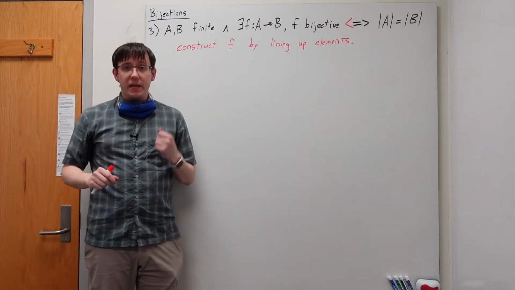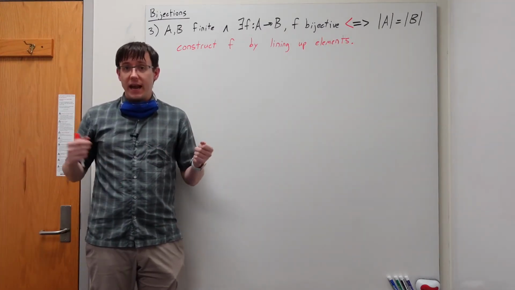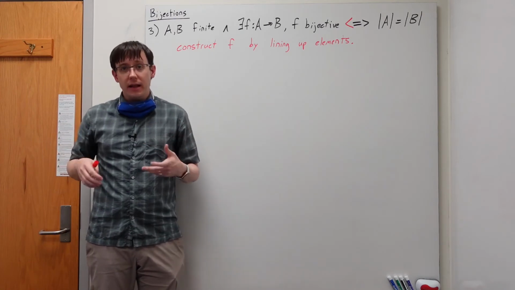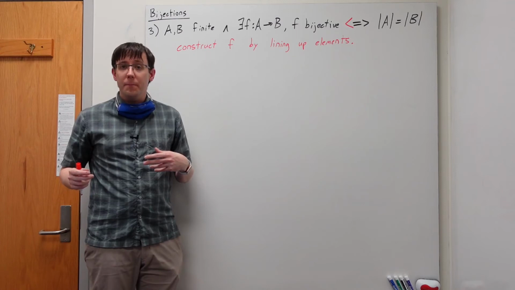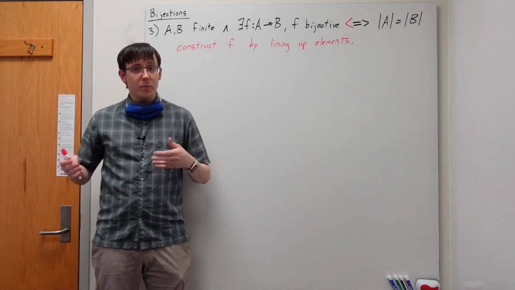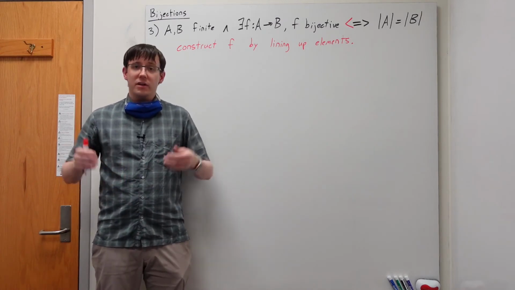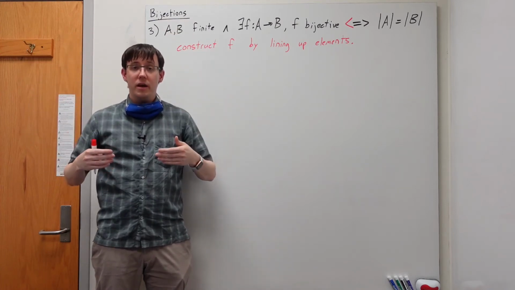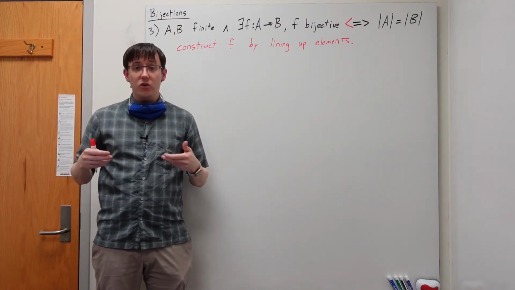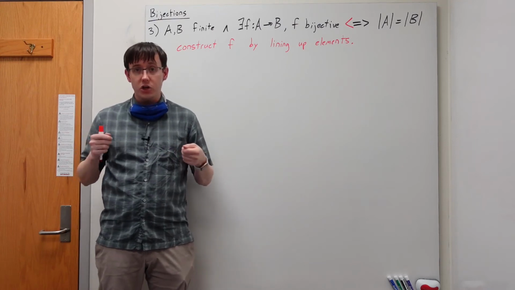If you gave me two finite sets, A and B, with the same cardinality, then I could construct a bijective mapping between them. Because both sets have the same number of elements, I could just list out all of the elements in order, and then make those two lists into the columns of a function table.